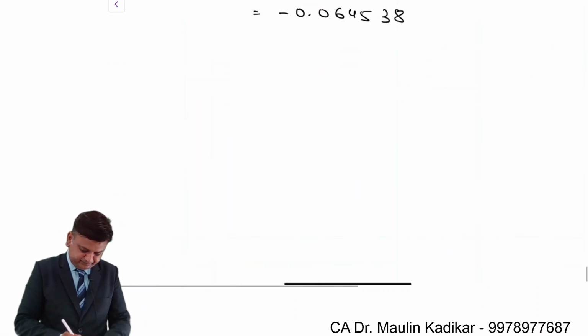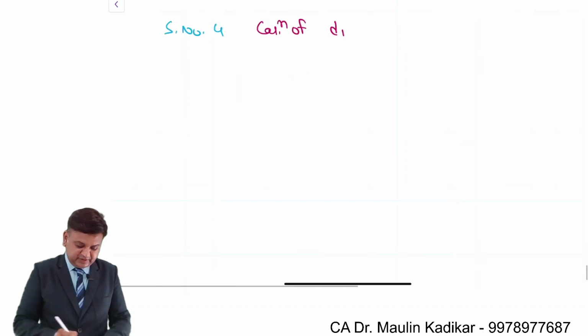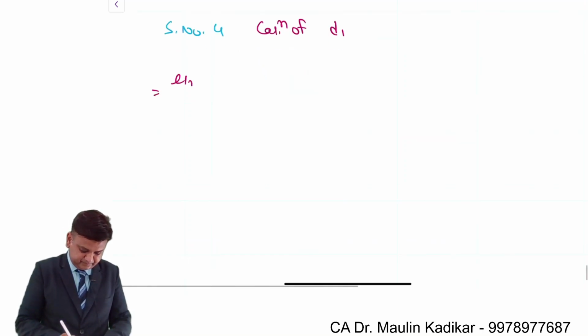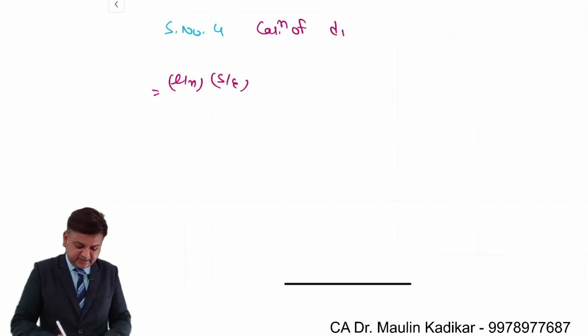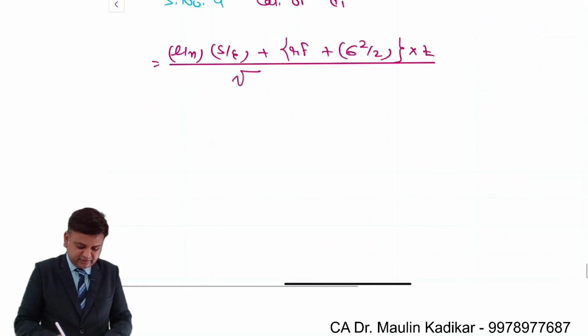Step number 4, calculation of D1. It is ln S divided by E plus RF plus variance divided by 2 into time period, divided by under root of the time period into standard deviation.